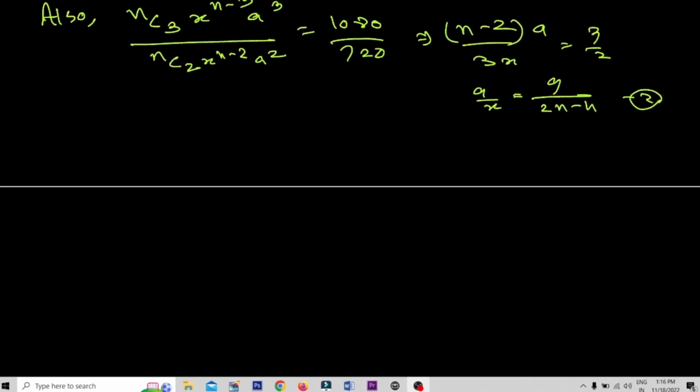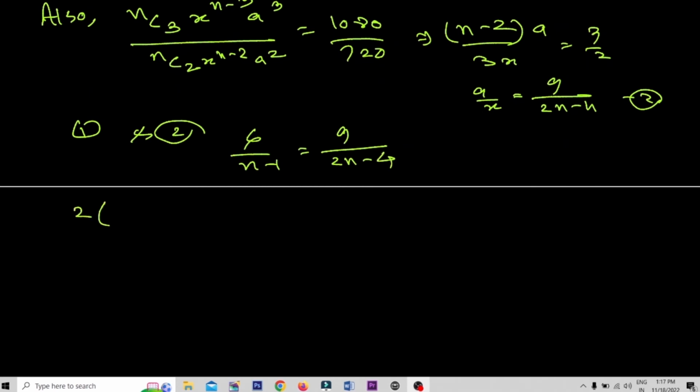Equating 1 and 2, we get 6 by n minus 1 equal to 9 by 2n minus 4. So cross multiplying, 2 into 2n minus 4 equal to 3 into n minus 1. Accordingly, we get n equal to 5.